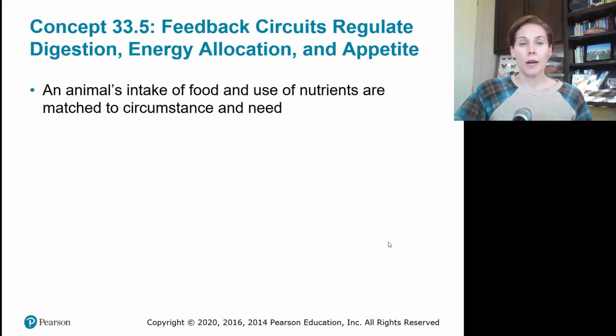There's also a feedback circuit that regulates digestion and energy allocation, and also our appetite. If you can recall from earlier concepts in 1406, positive and negative feedbacks, we see this also in consumption of food and regulation of digestion. An animal's intake of food and use of nutrients are matched to the circumstance and the need.